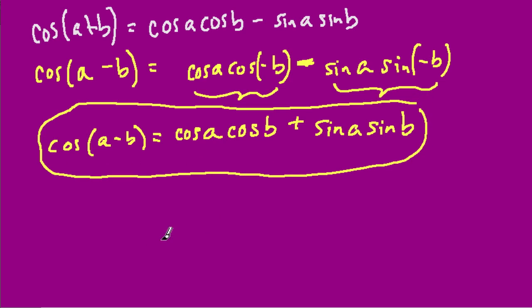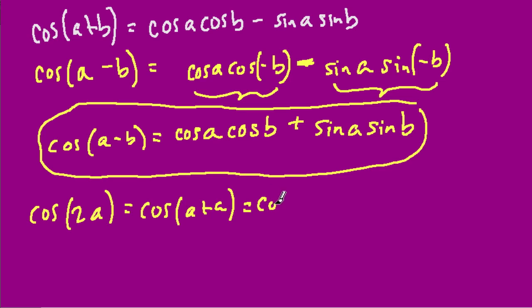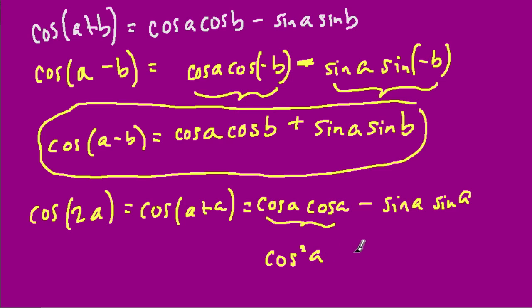Okay. Now, what about the cosine of 2A? Well, that's going to be equal to the cosine of A plus A, which equals the cosine of A cosine of A minus sine of A sine of A. Well, cosine of A times the cosine of A is the cosine squared of A minus the sine squared of A, which equals the cosine of 2A.